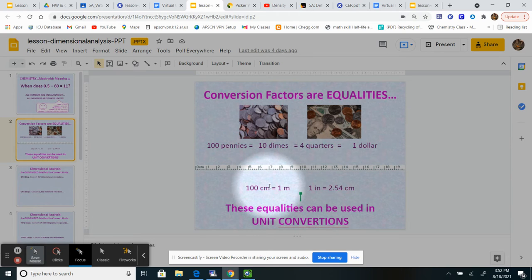If we're going to look at length, we have 100 centimeters being equal to 1 meter. If you're going to look at inches, we know that 1 inch is equal to 2.54 centimeters. That's a conversion factor. That's a fact. It never changes.